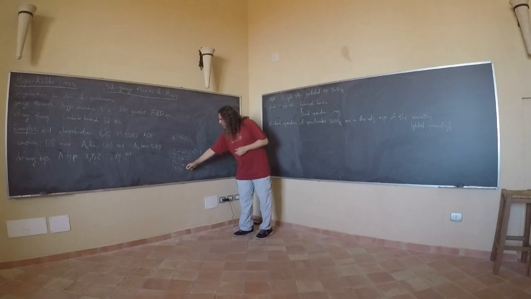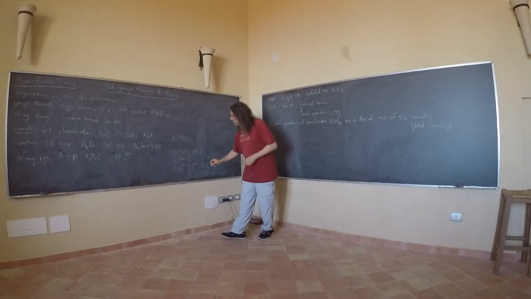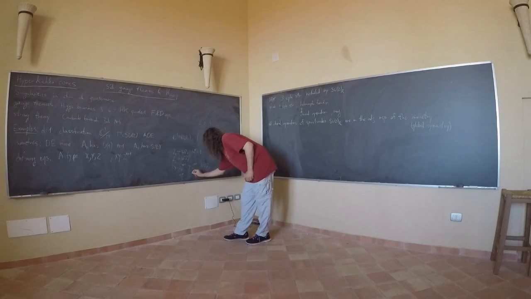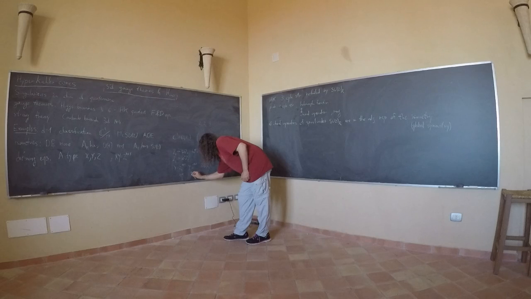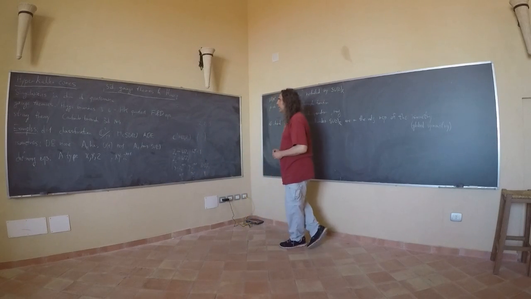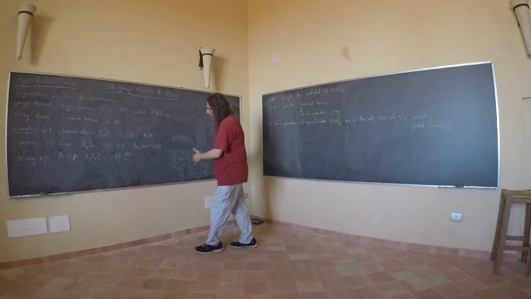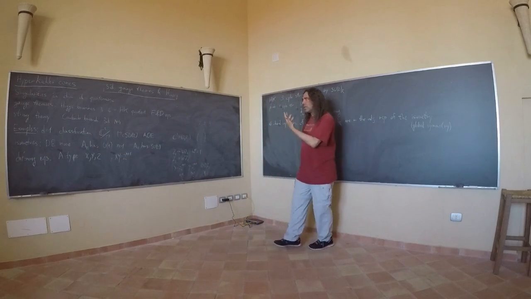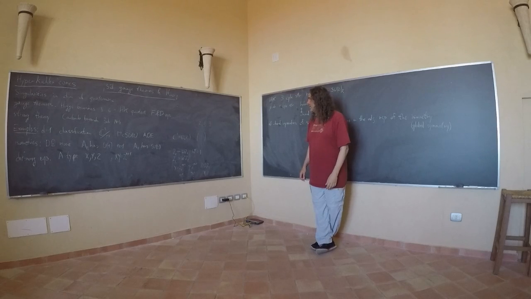So if I take such a product, it will have spin n plus 1 over 2. This one will also have n plus 1 over 2. And this one will have spin 1. And we see that when we plug these spin assignments into these equations, they are consistent with this scaling.